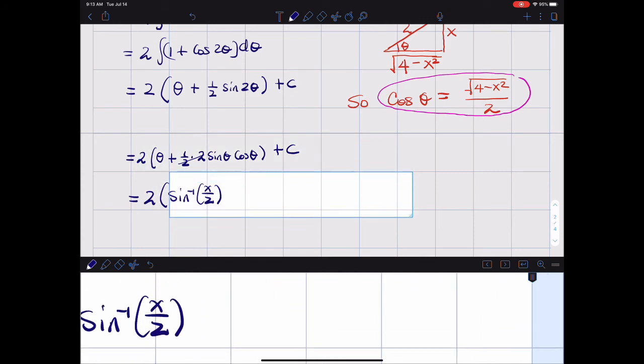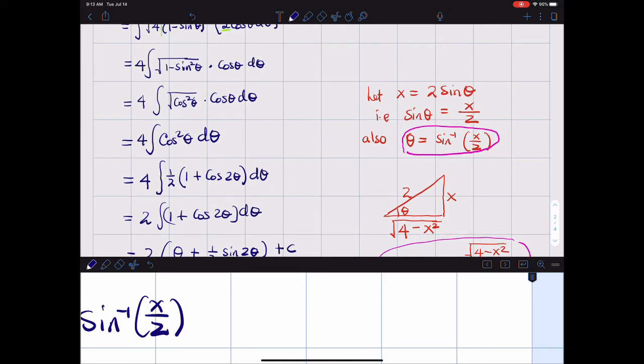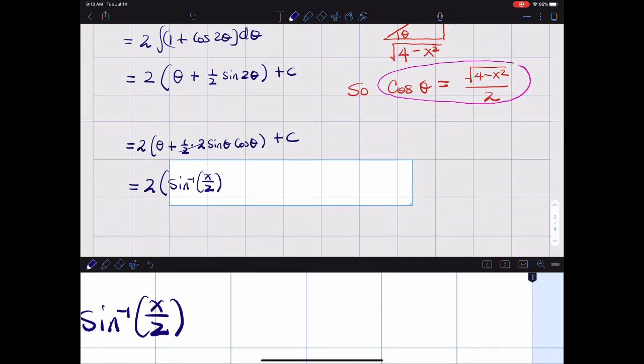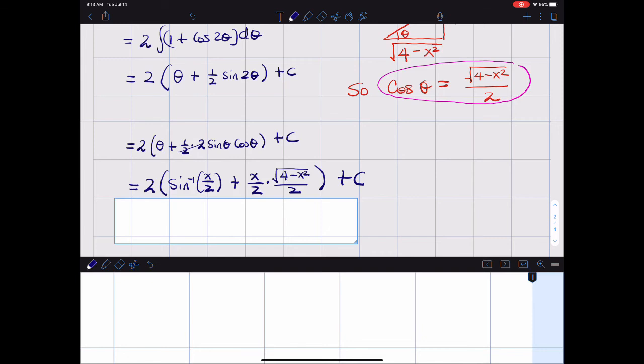All right, so sine theta is x over 2, so plus x over 2, and then cosine theta is square root of 4 minus x squared over 2.